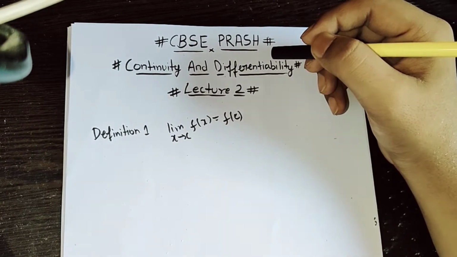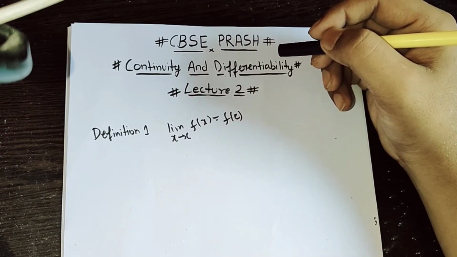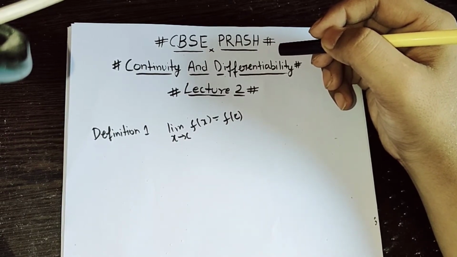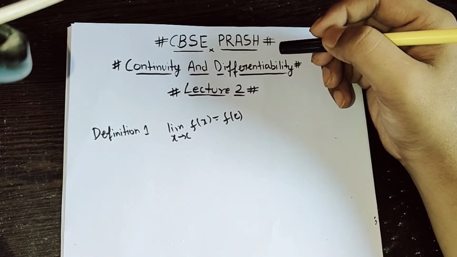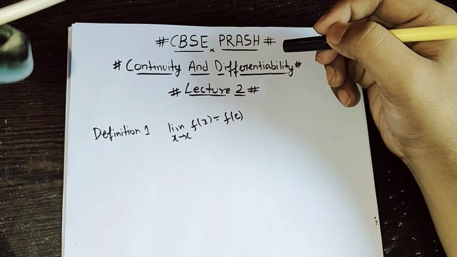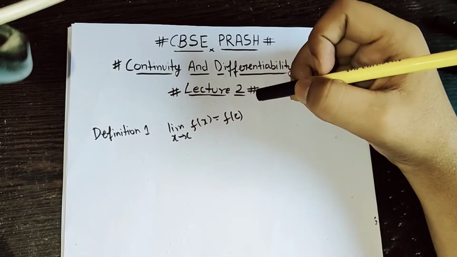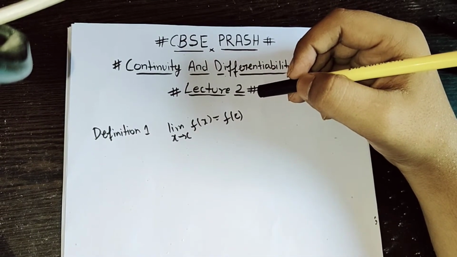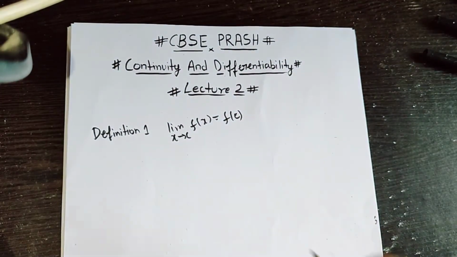Then we studied definition 2, which is a further expansion of definition 1, in which we have a variety of range. So what is the range? It says that a function is said to be continuous if and only if it is continuous in its entire domain. Let me tell you by a graphical method.